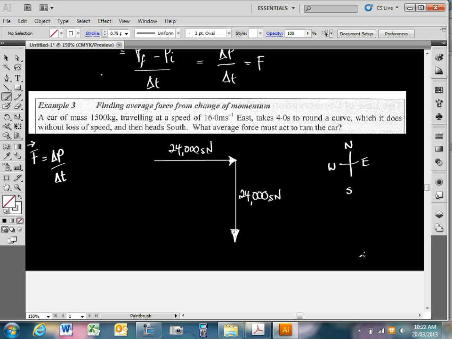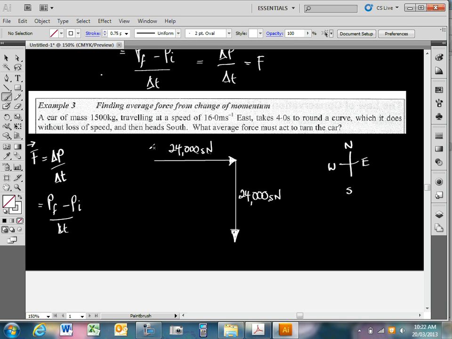Yes, it would be. So what's the resultant vector here? Well, change in momentum is equal to the final minus the initial, isn't it? And I better put the delta t there. We'll add that in later.